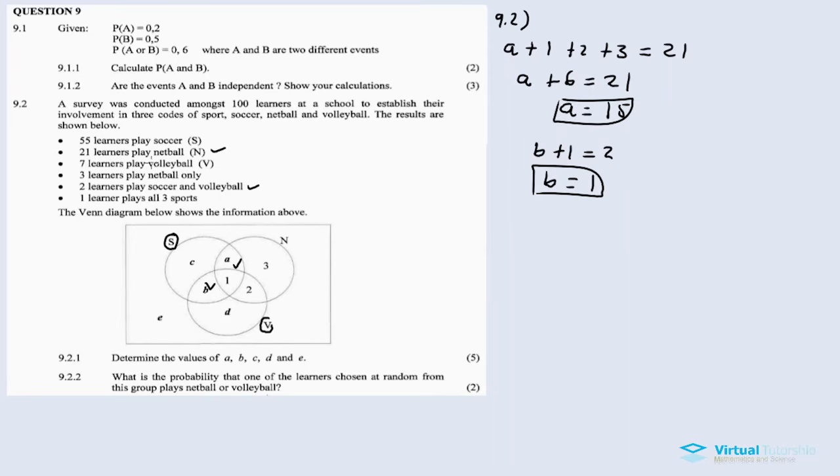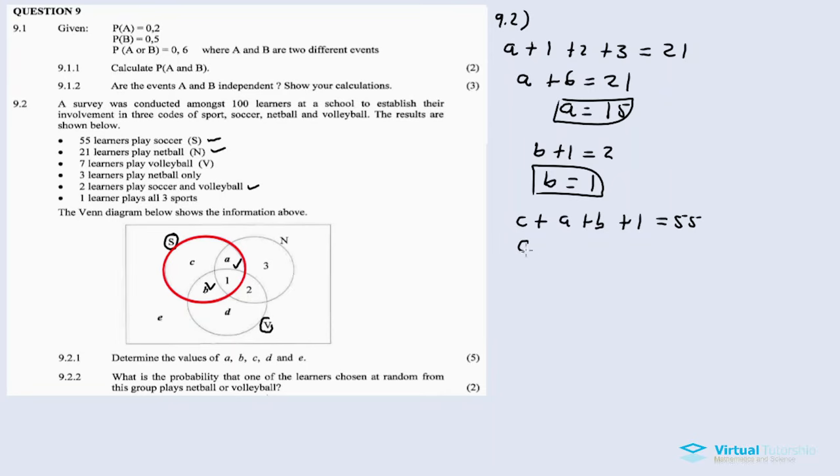They then say 55 learners play soccer. This point: 55 learners play soccer. In this part of the Venn diagram, A is there, B is there, C is there. So I have one unknown in this equation. So C plus A plus B plus 1, I should get 55.